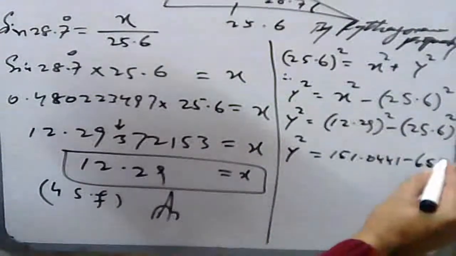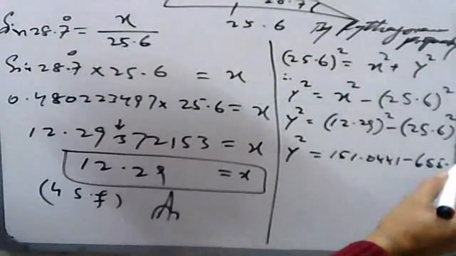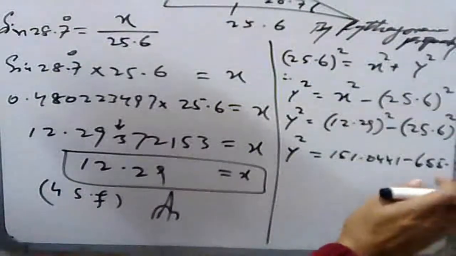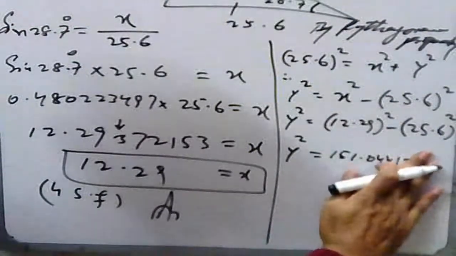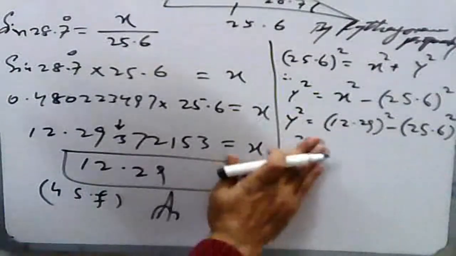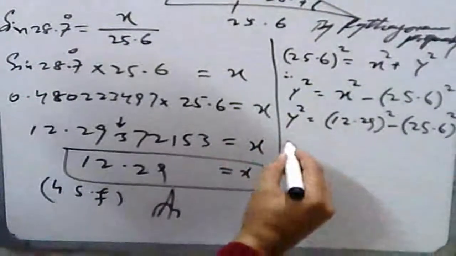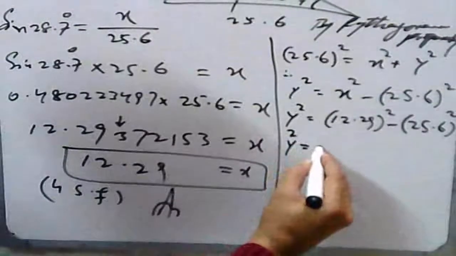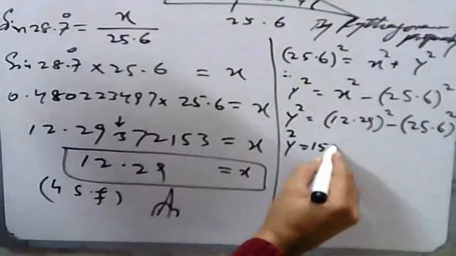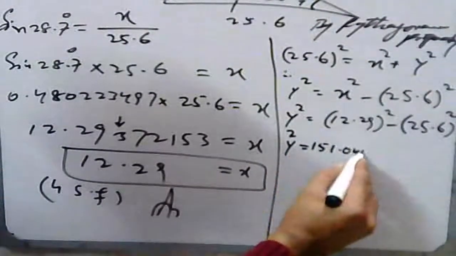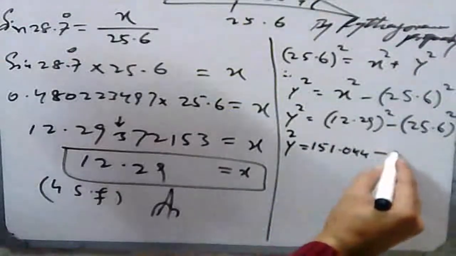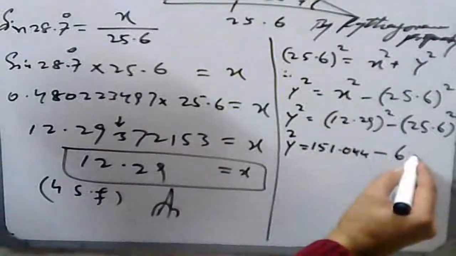So by taking the squares and after subtraction, after simplification, we can say that it is 151.044 minus 655.36. We have not enough space here.